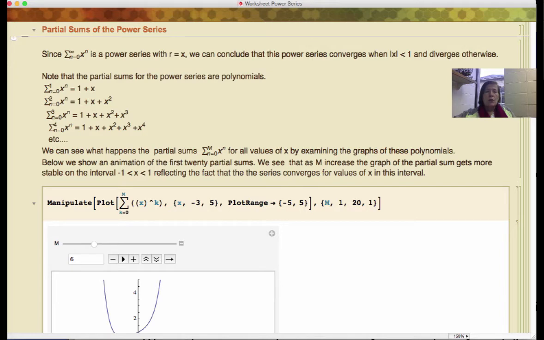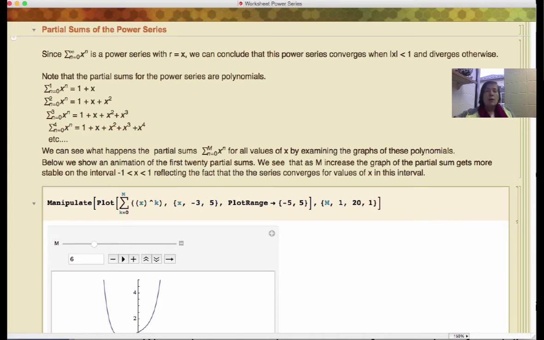So looking at the series, the sum from 0 to infinity of x to the n, it's a power series, and for any given value of x, it's a geometric series. So we know that it converges when the absolute value of x is less than 1, and it diverges when the absolute value of x is greater than or equal to 1. In fact, we can tell what the sum of this series is for x between minus 1 and 1. It's 1 over 1 minus x.